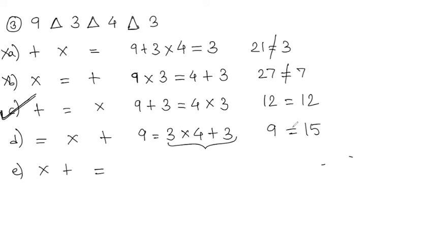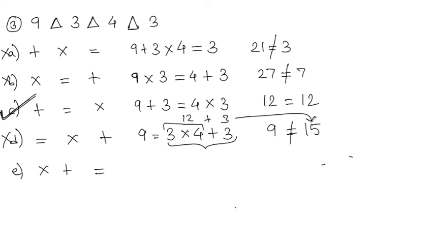Correct. So it is not equal. So even option D is wrong. How did 15 come? You should follow the order. First multiplication, 3 into 4, 12. Then 12 plus 3, 15. So you must follow the order. That is very important.